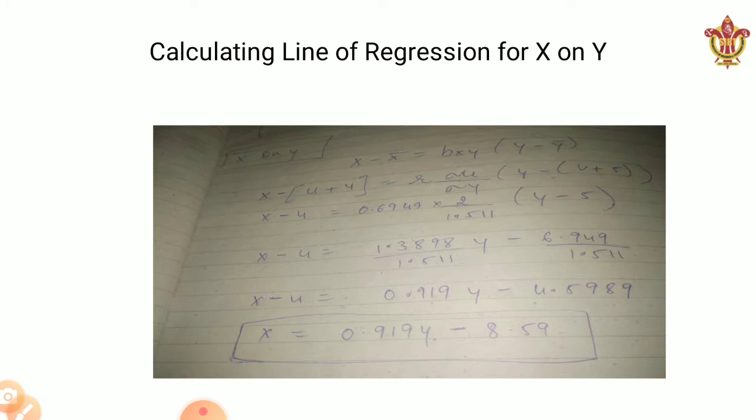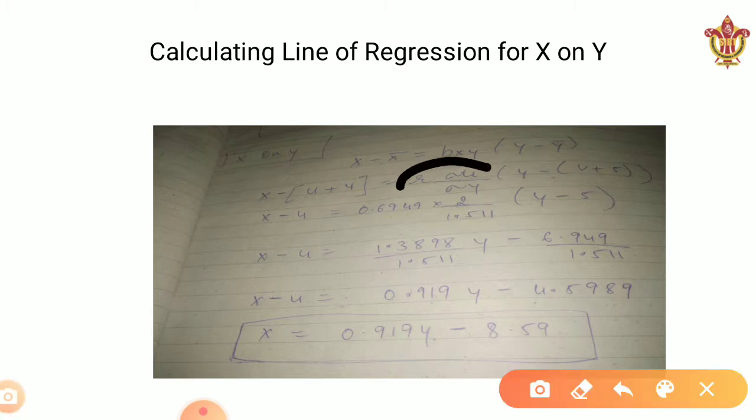And what is bxy? Bxy is r into sigma u divided by sigma v. This is the formula for bxy. In place of bxy, we can put r sigma u by sigma v.